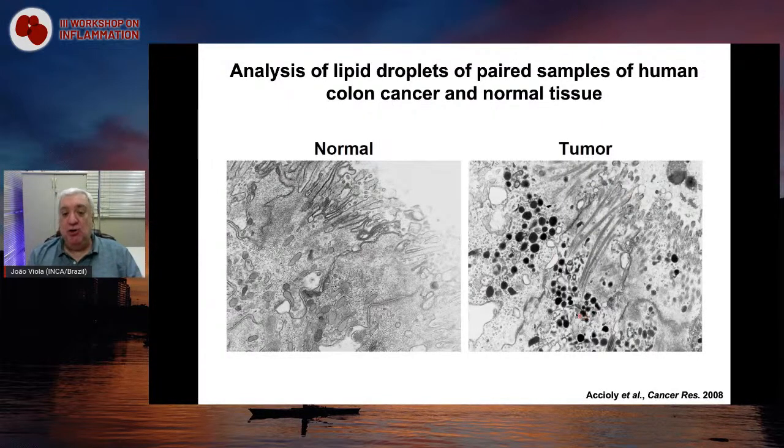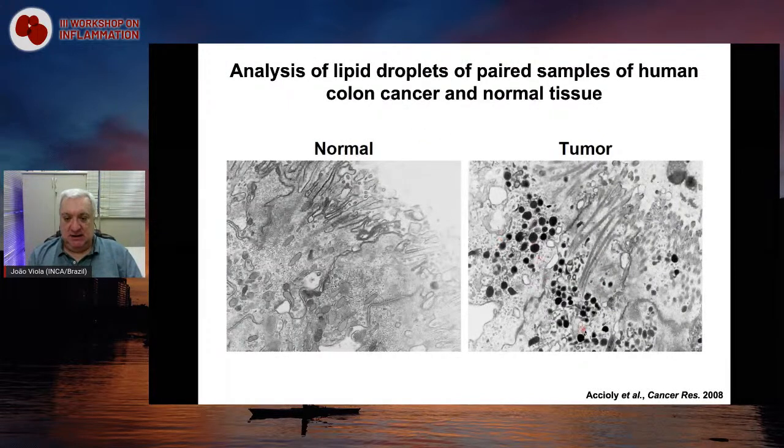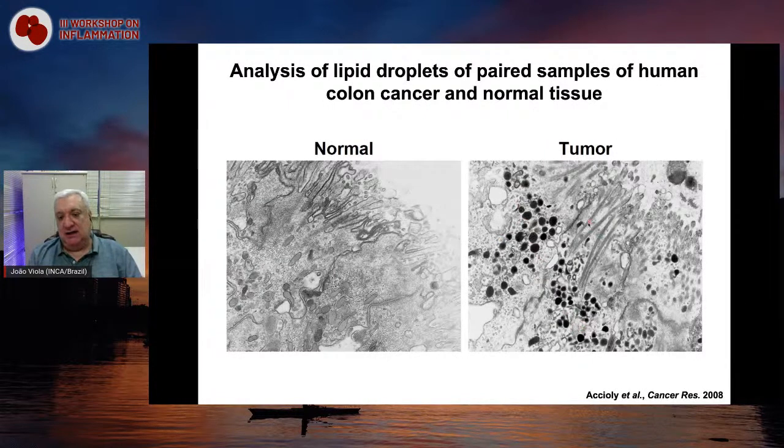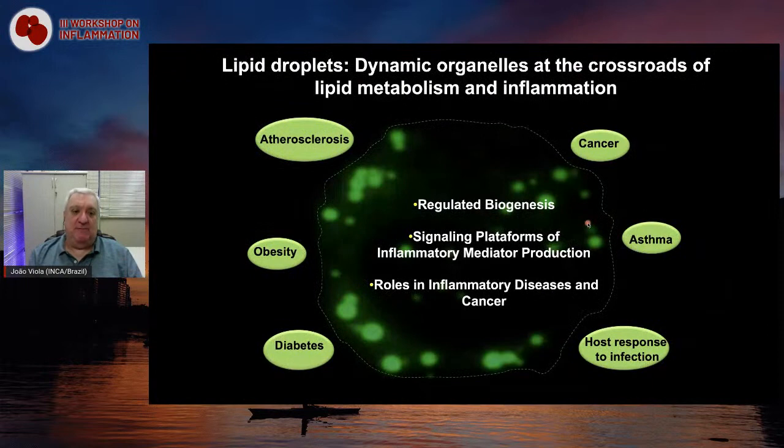What I would like to show you are these droplets of lipids, with a large amount of these droplets when we compare with the normal epithelium. This led us to study the lipid droplets in this disease. What are lipid droplets?